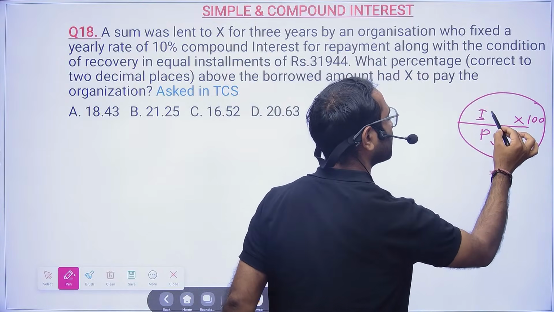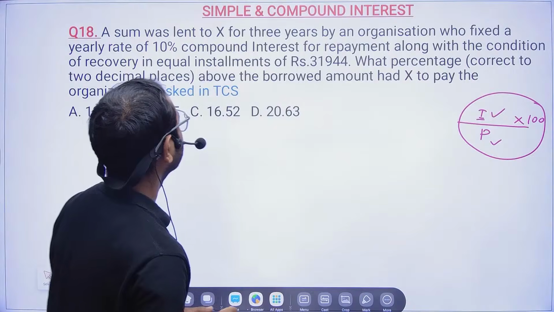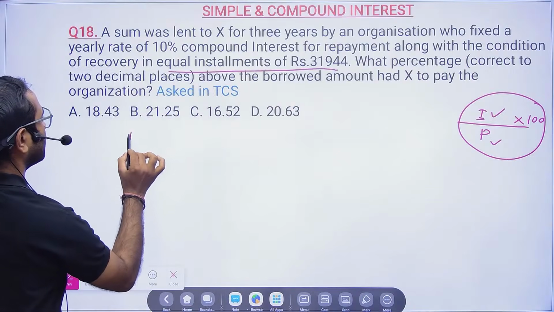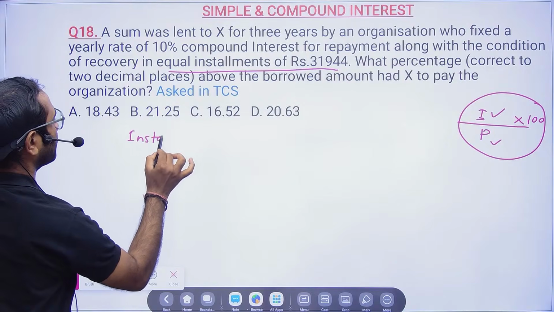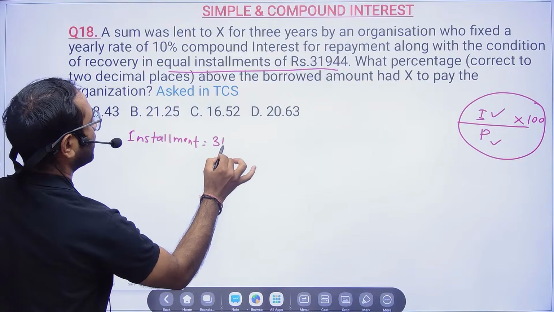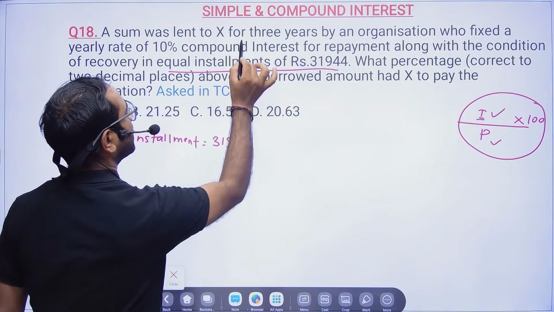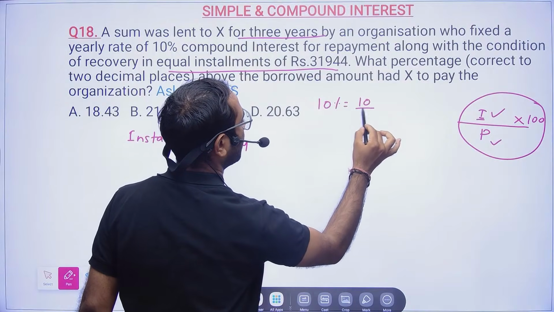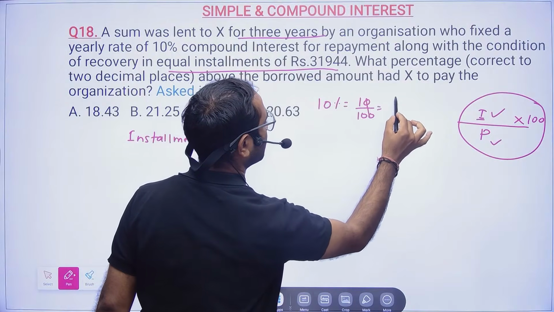So you need to get the principal and the interest. The installment is given, no problem. The installment is 3944 and this is for 3 years. Rate of interest is 10%, 10 by 100, which means 1 by 10.